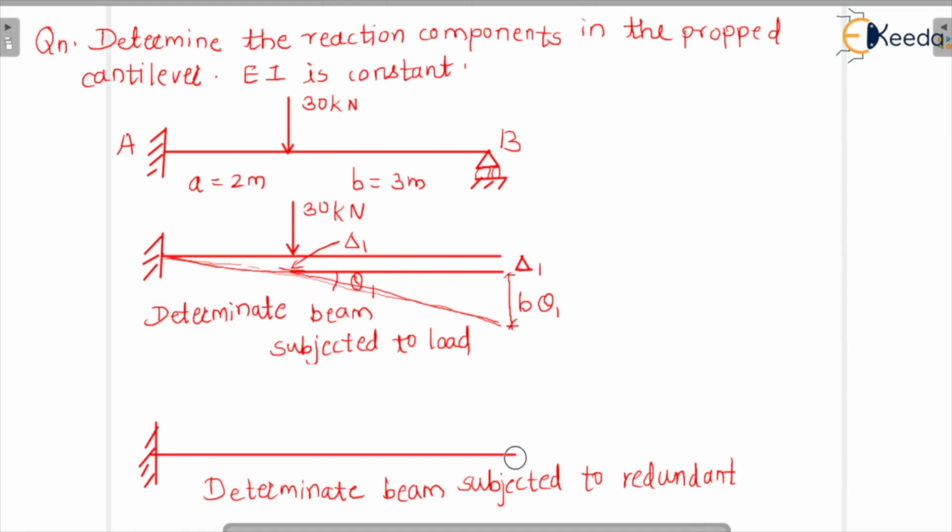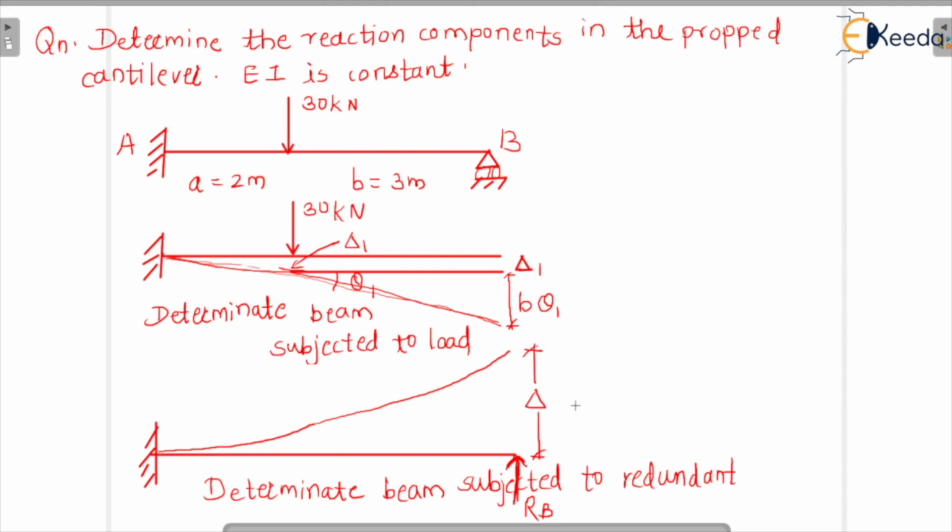So it is RB here. Here I am drawing arrows. This is RB, the support reaction RB. So because of it, it will again deflect like this. Let us call this deflection as delta.